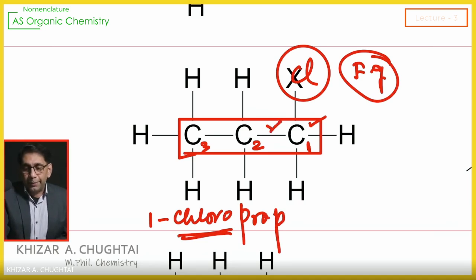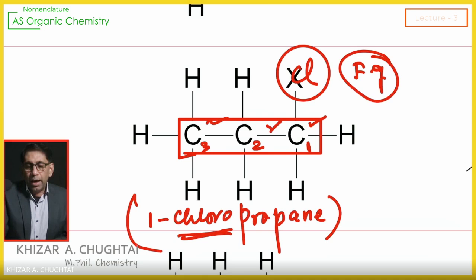All carbons are single bonds. No double bond is over here. And boom, this is the name of a halogenoalkane, I mean homologous series, and its proper name is 1-chloropropane. Come towards another example.